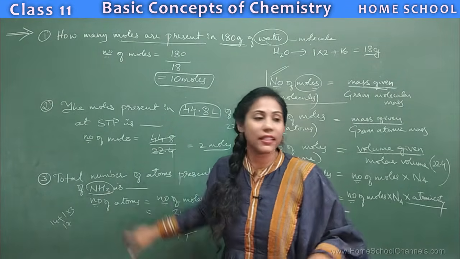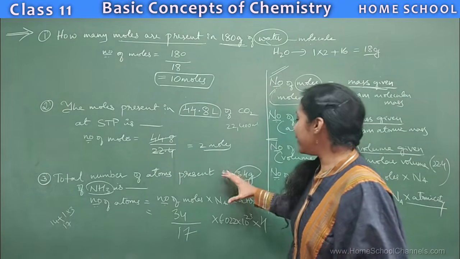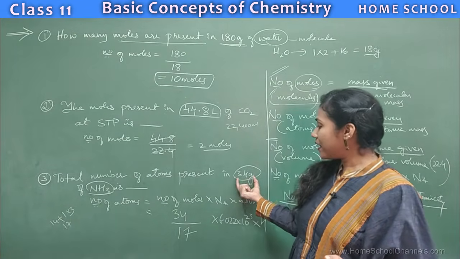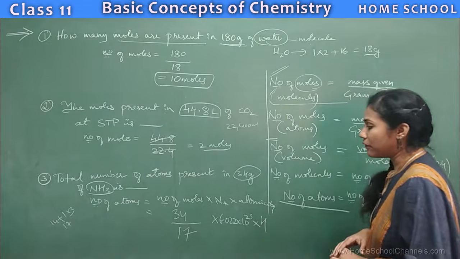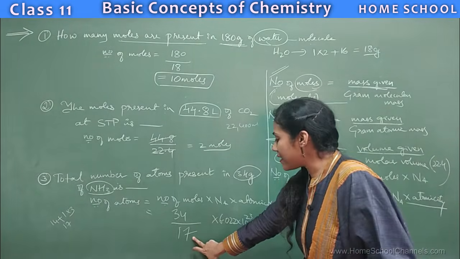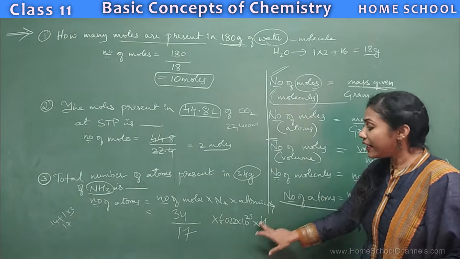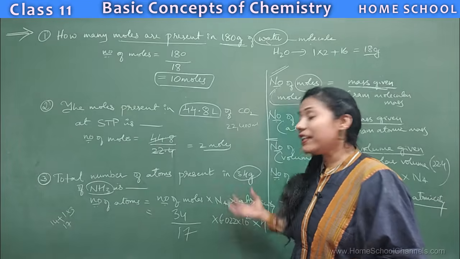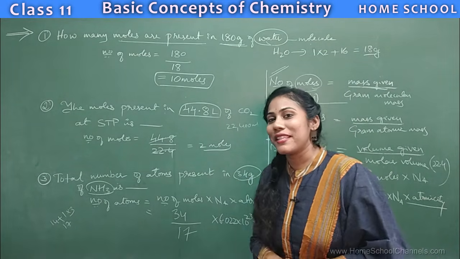Altogether 4 atoms are there, so 4. But number of moles is not directly given in the question. So with the help of this mass given, we are finding number of moles. So the final calculation you have to do. 34 divided by 17 into 6.022 into 10 power 23 into 4 if you do, you will get your answer. So I think you can do this calculation on your own and post the answer in the comment section.